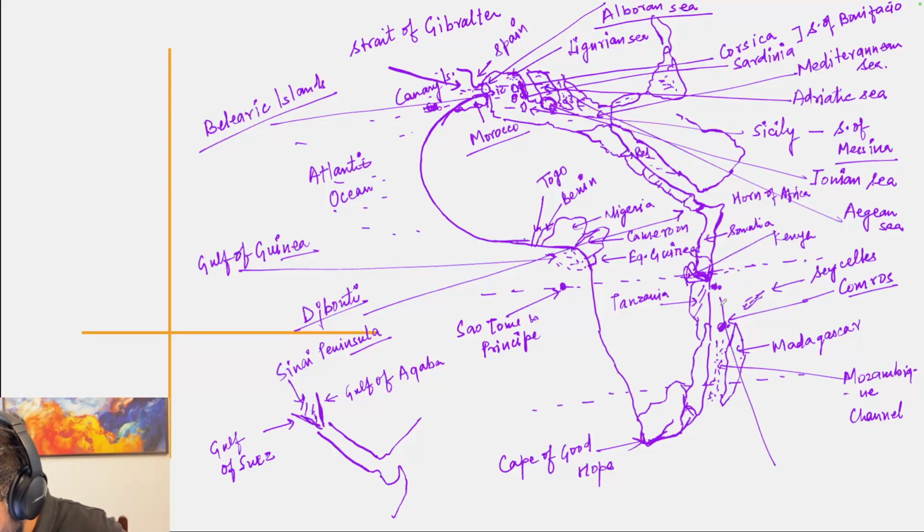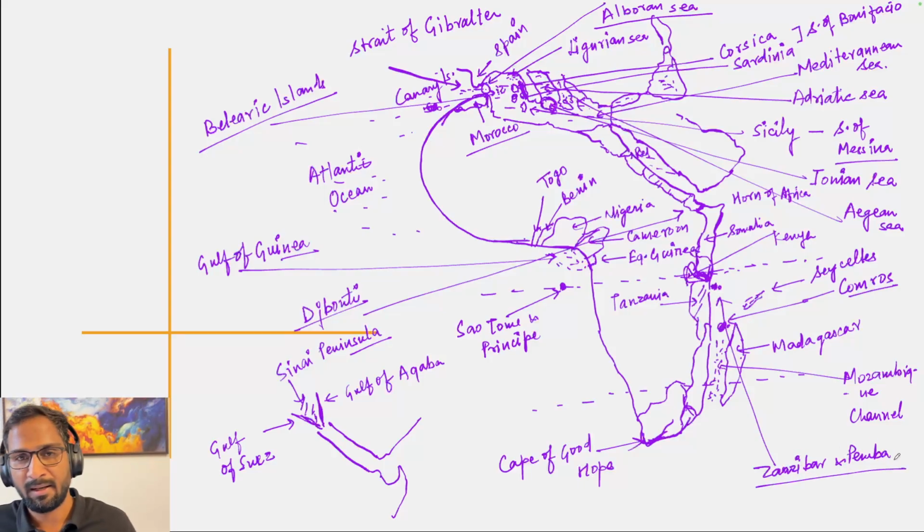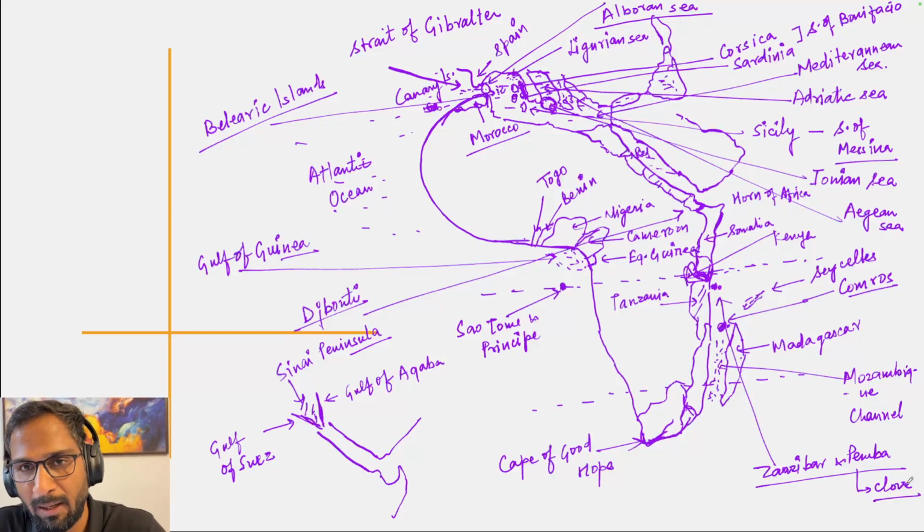So these islands are Zanzibar and Pemba Islands. They are famous for spice cultivation. In fact, Pemba is the leading producer of clove.